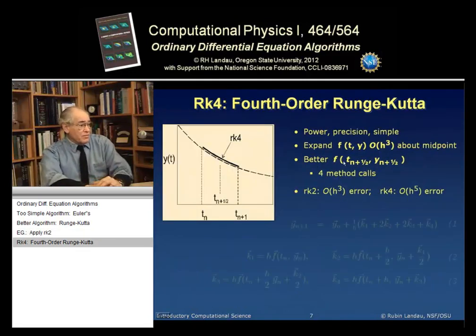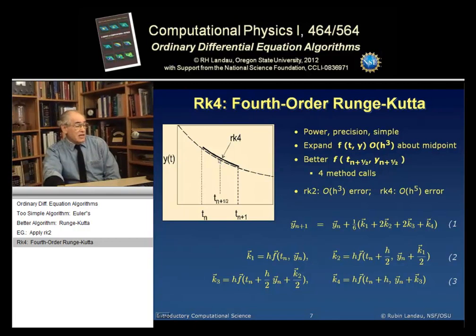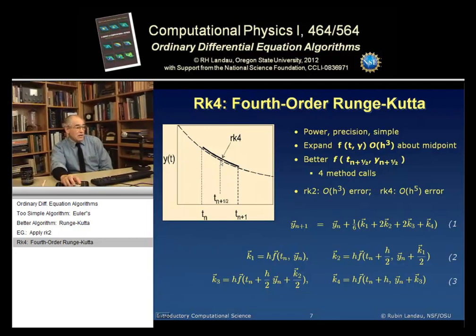So what's the method? The method here is given in equations 1 to 3. And it's the same idea. We're just expanding in a Taylor series around the midpoint. So we'll end up with h to the 5th terms that have an error, because all even term errors have canceled out when we do the integration. So the solution looks the same as before.